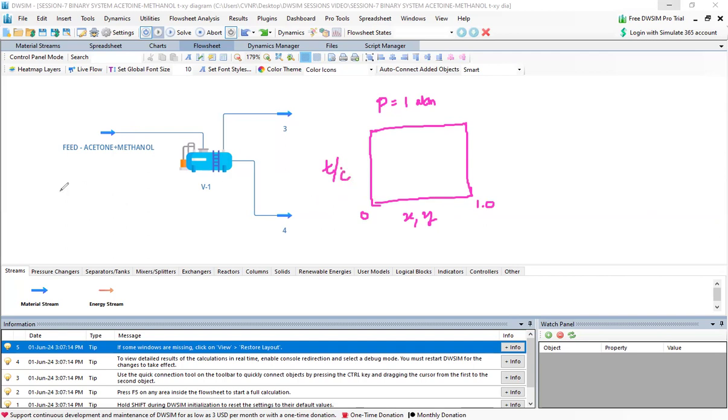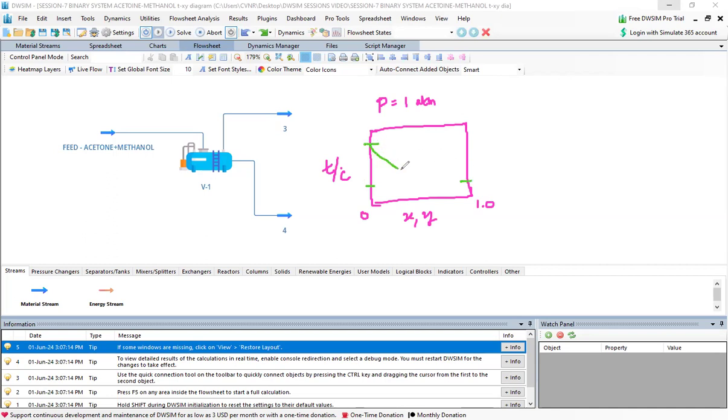If this is so, then how does our curve look like? This is the boiling point of one component, suppose the more volatile component. So we should start here. More volatile component will be here, less volatile component will be here.